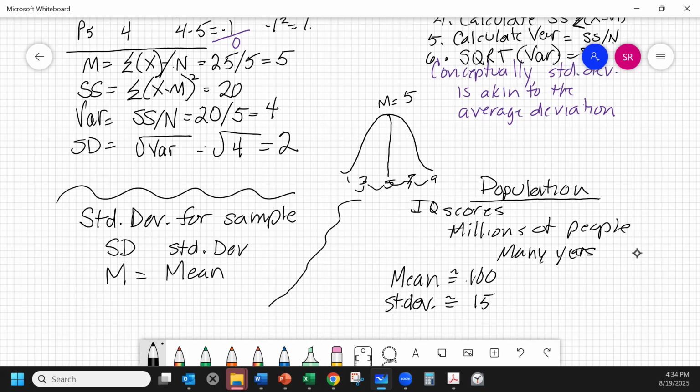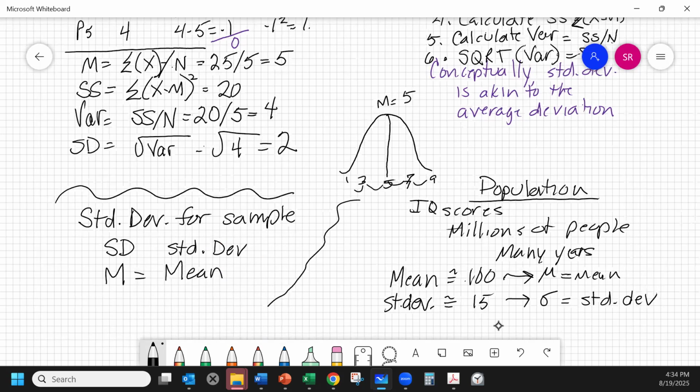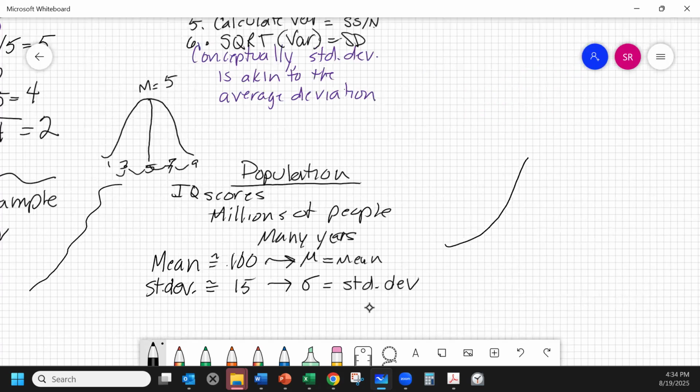And the population would be represented using mu to represent mean, and lowercase sigma to represent standard deviation. And so if we were going to draw the distribution of IQ scores, we would have the normal distribution. That's what it would look like.